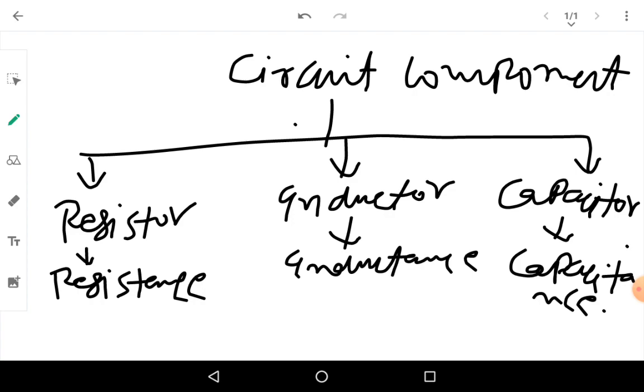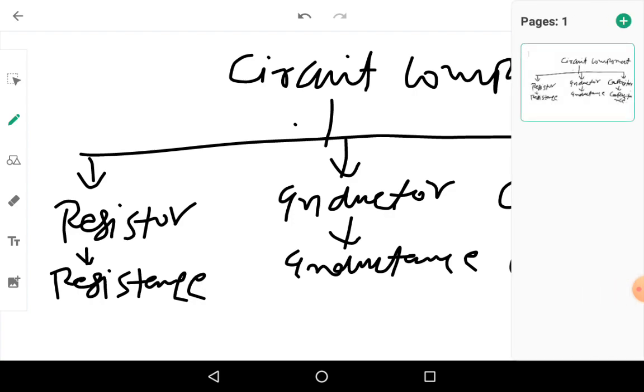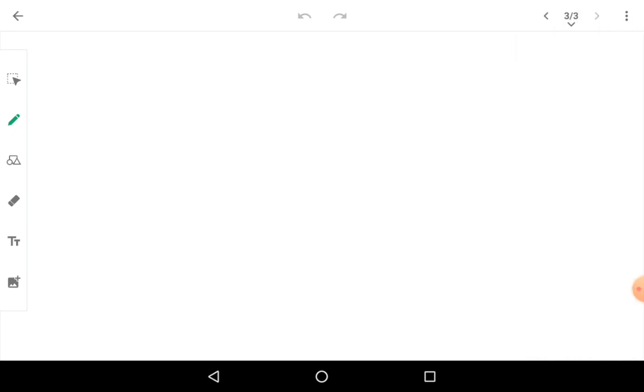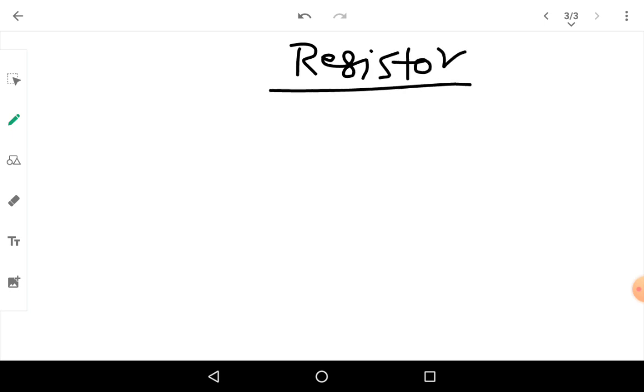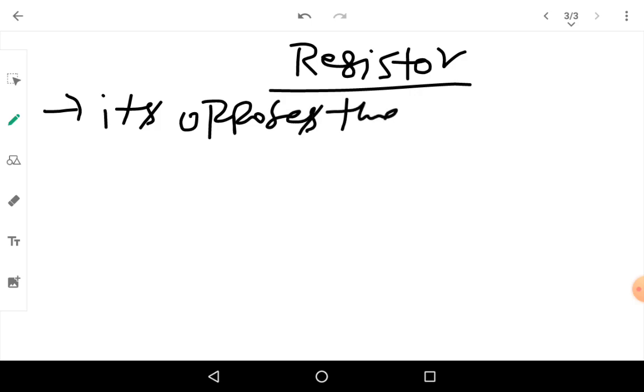Now, first, resistor. Resistor opposes the flow of current.